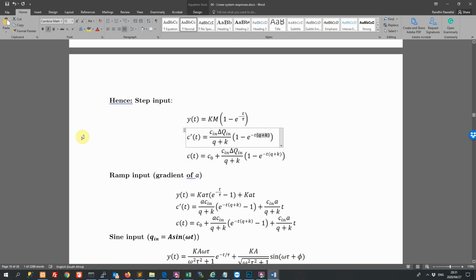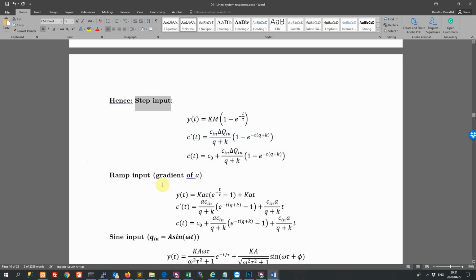So this is the deviation version of lowercase c, and then the non-deviation version is going to be the steady state value plus the rest of it. So this is our actual time response. So this is the response that we observe in the output variable due to a step input, right?